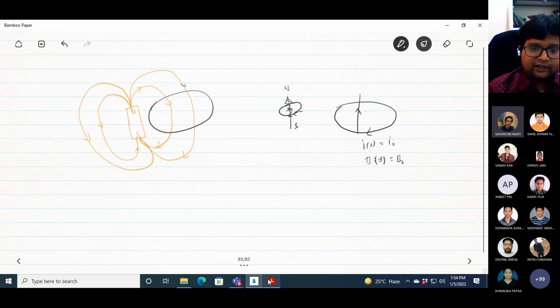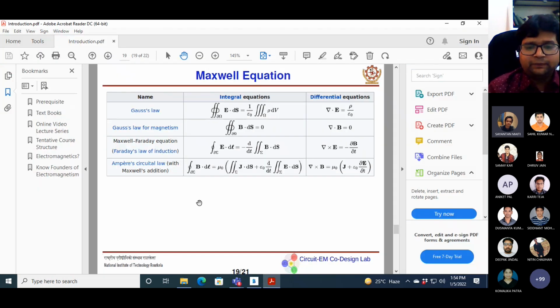What Maxwell added is the term del E del t, or sometimes del D del t. Why did he do this? Because of a mathematical property: the divergence of curl should be 0.